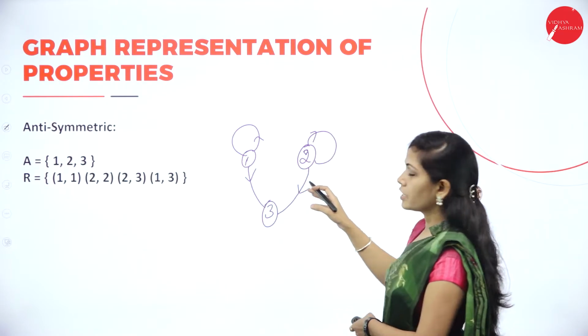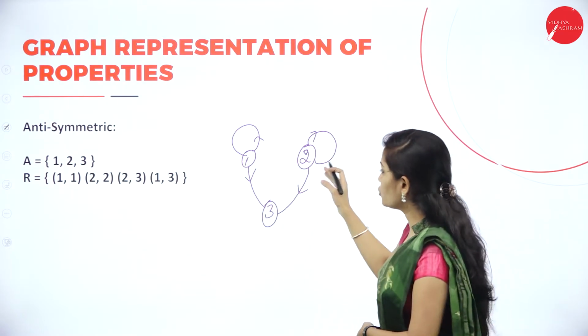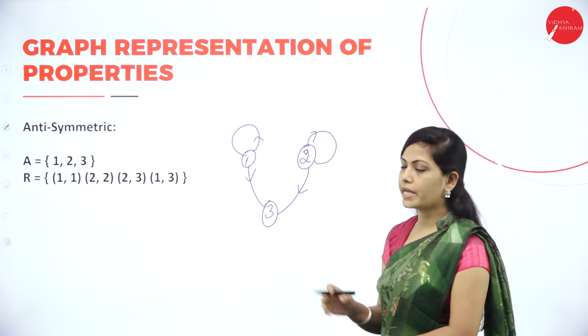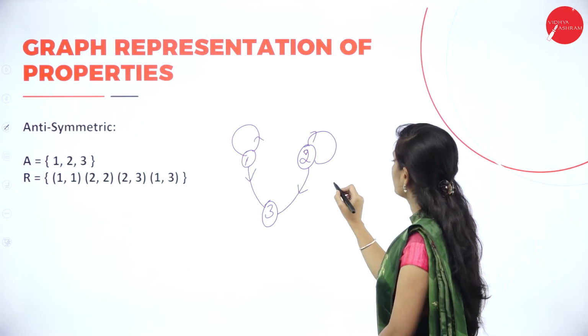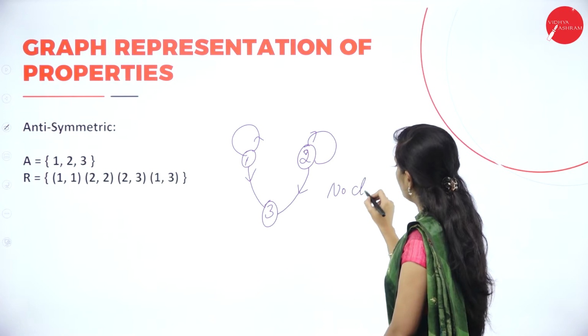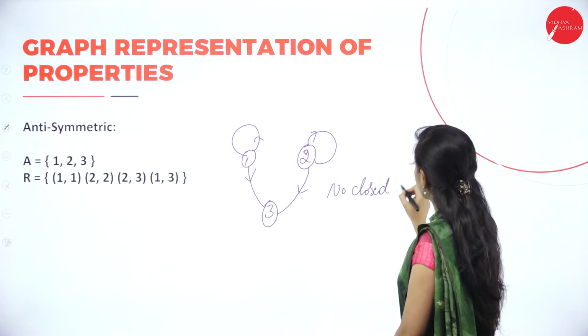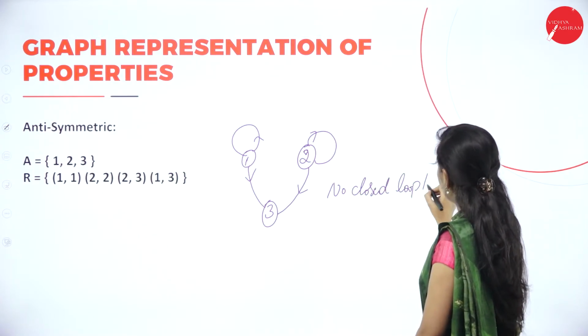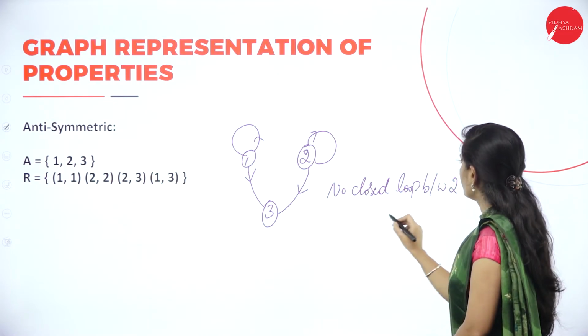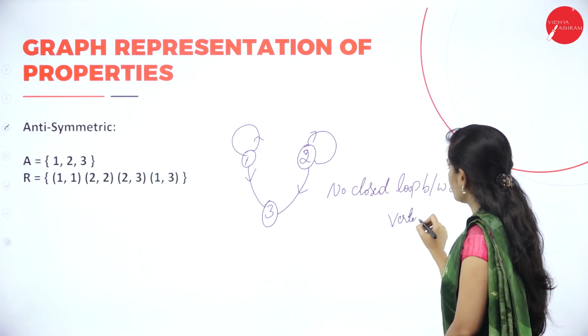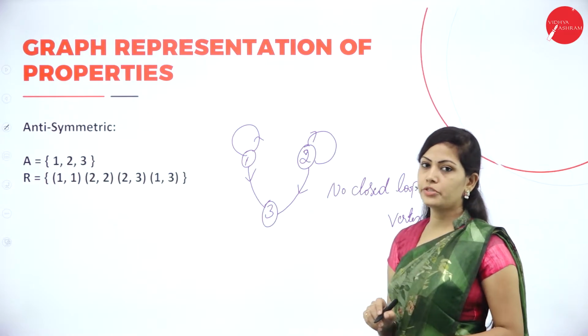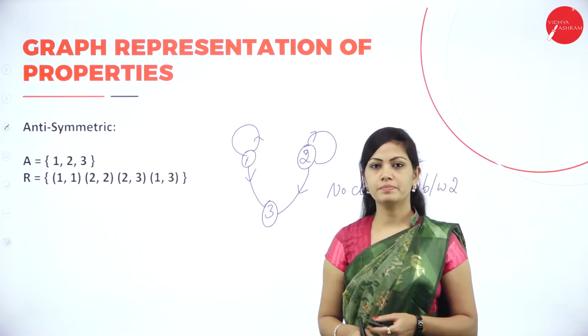So here there is no closed loop between 2 vertices. Then we can call it antisymmetric. No closed loop between 2 vertices. So the opposite of symmetric is antisymmetric.